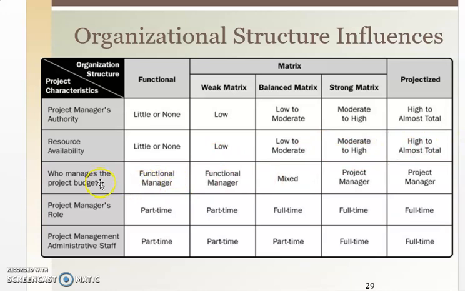Who manages the project? The functional manager. Here the functional manager and project manager are mixed. So the strong matrix is almost close to the project-based organization, and the weak matrix is almost close to the functional organization. So that is the case with organizational structure.